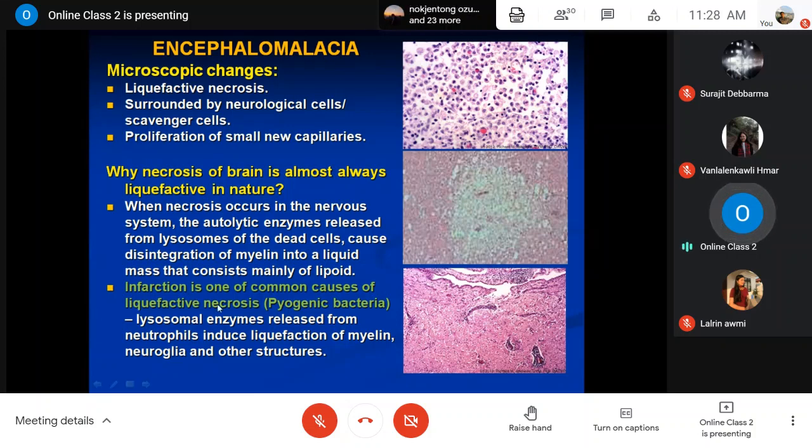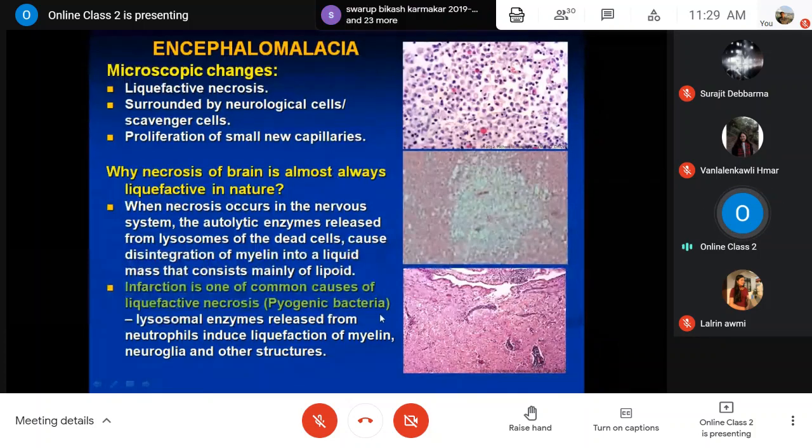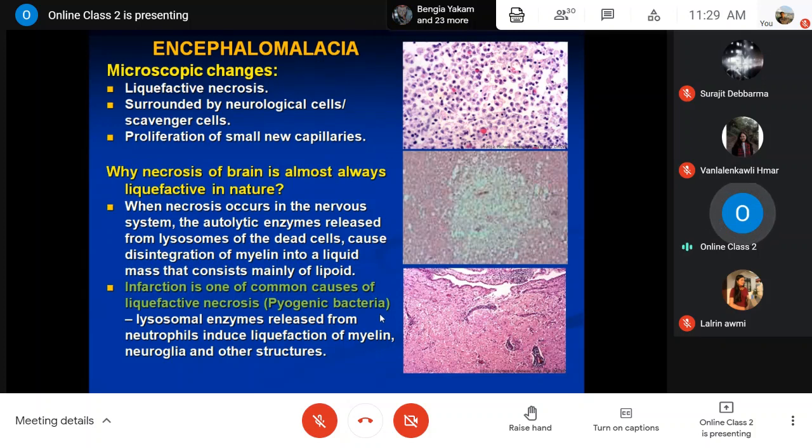Then number two is infection, one of the common causes of liquefactive necrosis. That means pyogenic bacterial organisms used to be the main reason for producing this inflammatory reaction there, and the lysosomal enzymes released from those inflammatory cells, that is phagocytic cells, the neutrophils, induce liquefaction of the myelin, the neuroglia, as well as the other structures.